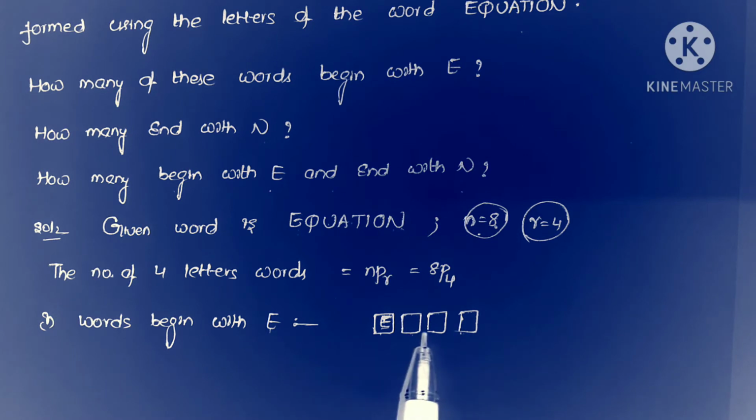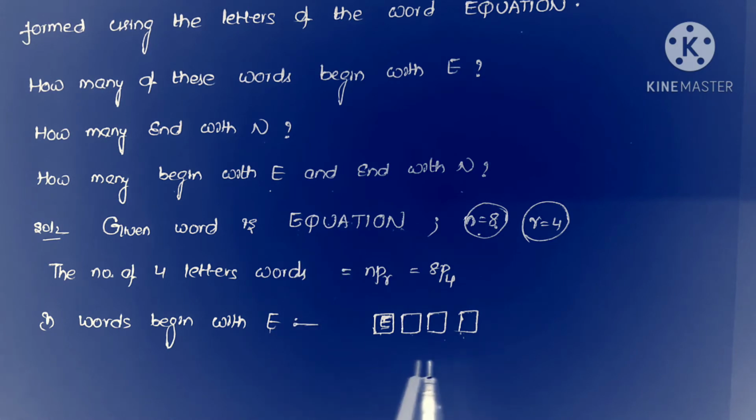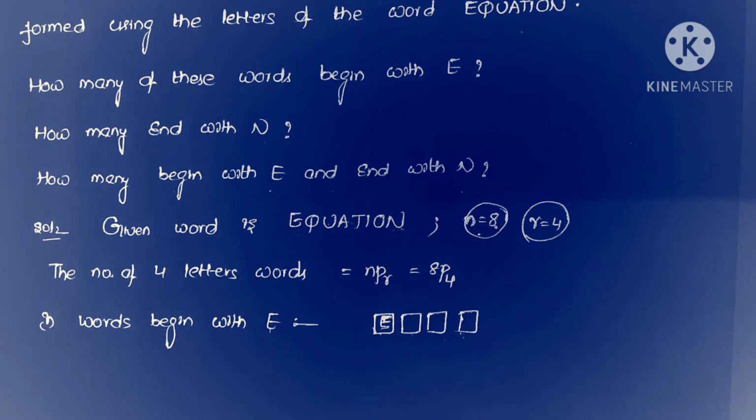Now these 3 gaps can be filled by the remaining 7 letters in 7P3 ways. Letters equal to 7, gaps equal to 3.